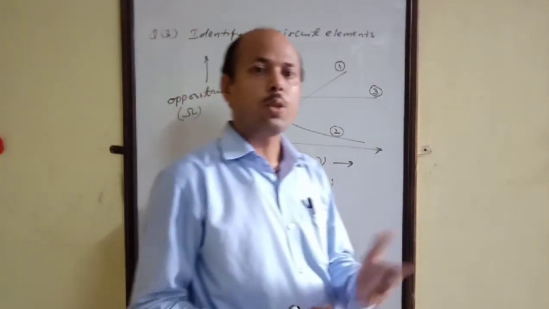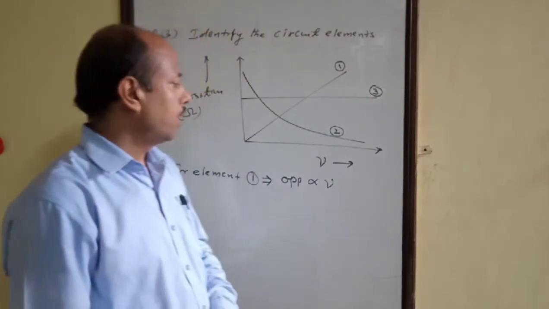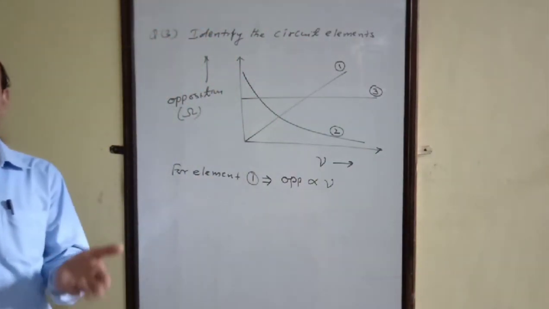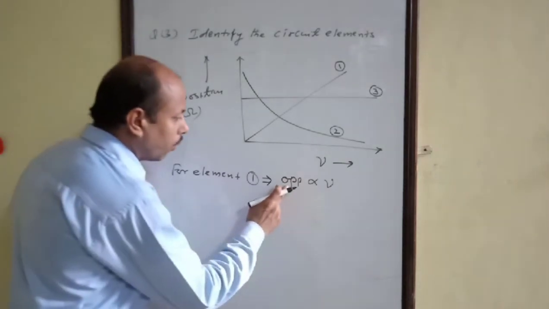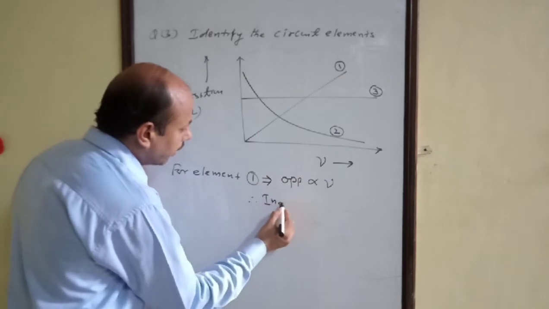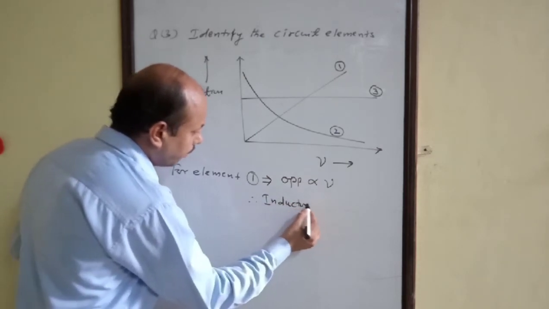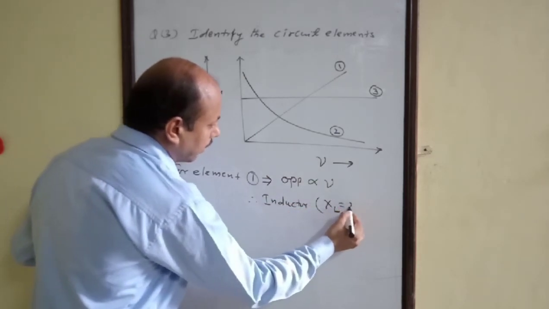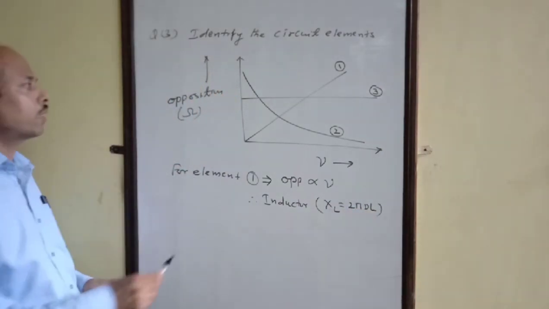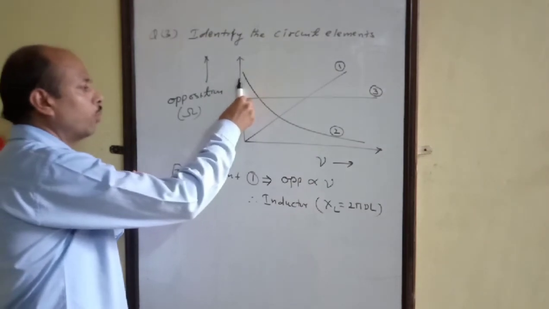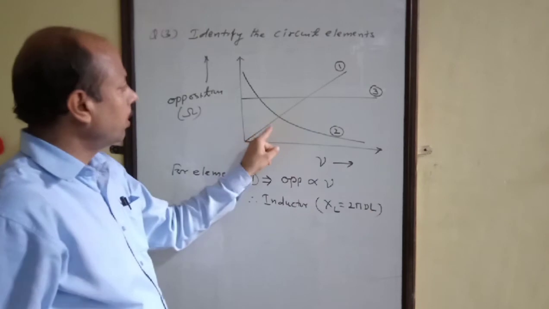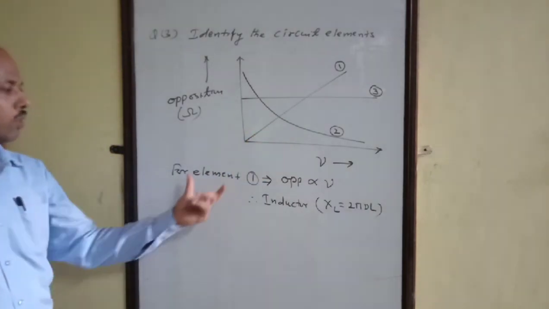One is XL equals omega L, or XL equals 2 pi nu L. The other is XC equals 1 upon 2 pi nu C. Since opposition is directly proportional to frequency, it will be an inductor, because for an inductor XL equals 2 pi nu L. Therefore, for an inductor, the graph between opposition and frequency will be a straight line passing through the origin. So the first one is an inductor.